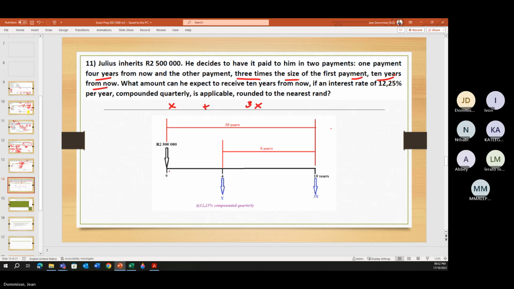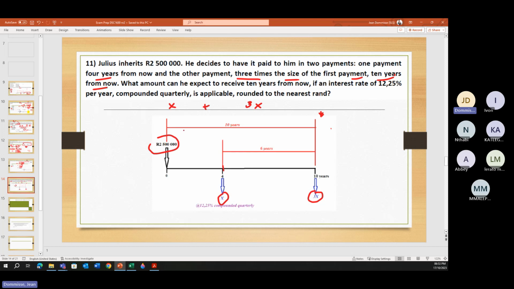So firstly, let's look at it. The first thing happens within 4 years, so there's your first payment from 4 years. And then there's a payment after the 10 years. What is also important is that we start off with the present value, so at that time your future value will be 0.